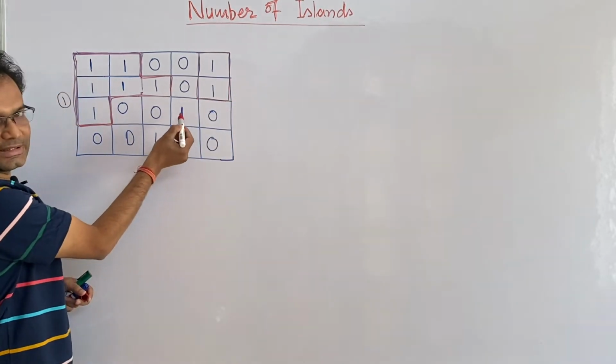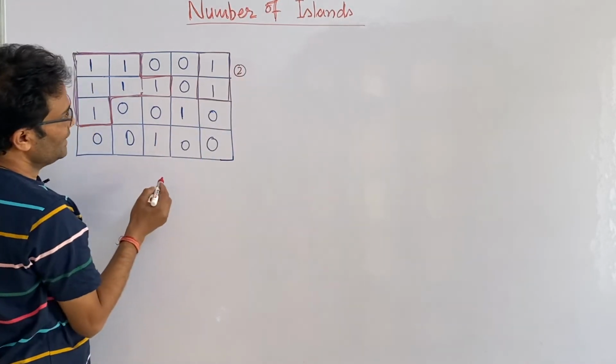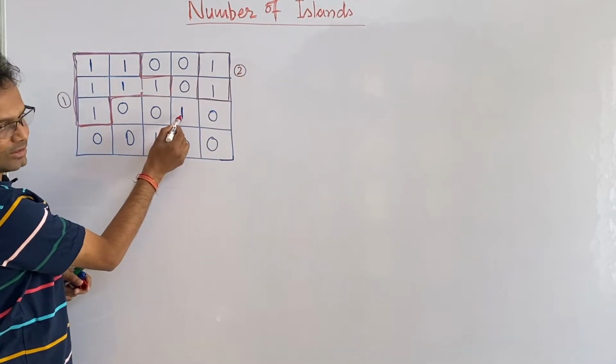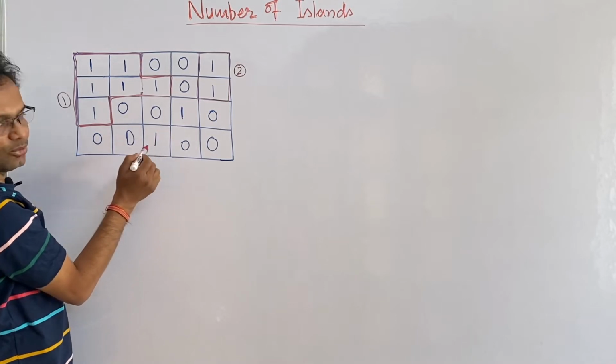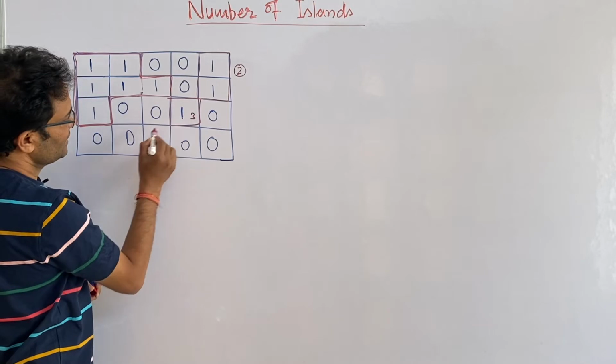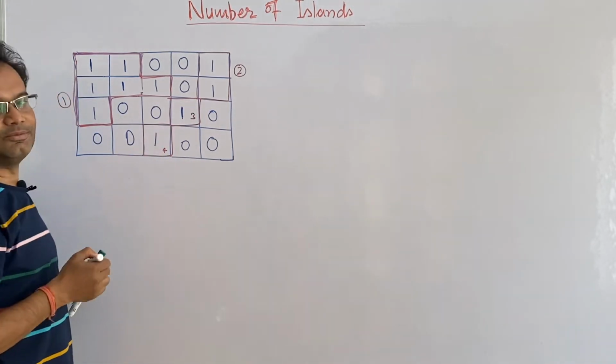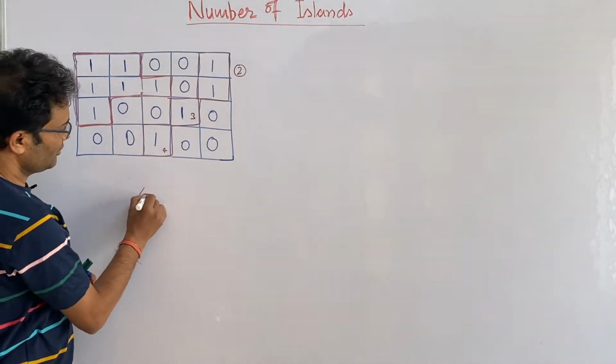We cannot consider it because this is diagonal. So this is the second island. And here, if this one and this one are diagonal, we will not consider them. So this individually is one island and this individually is one island. So this is the 4. We have a total of 4 islands here.